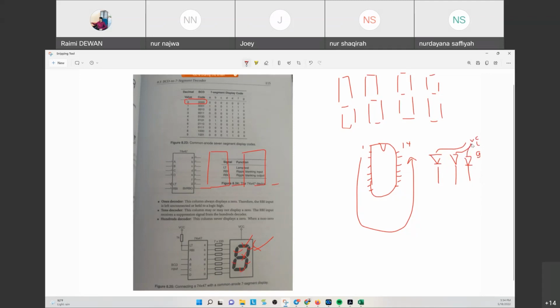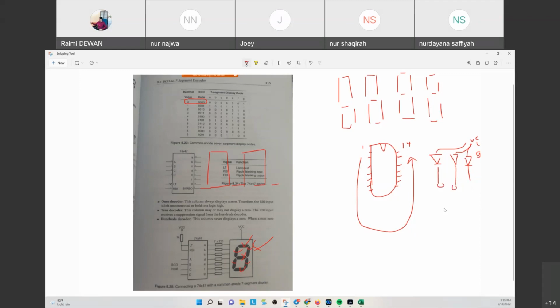This one is the VCC, and this connects to the VCC, which means there is no potential difference, so it will not be turned on. But the rest are having 0, 0, 0, so they are turned on because there is a potential difference between VCC and this, enough potential difference to turn on the diode.